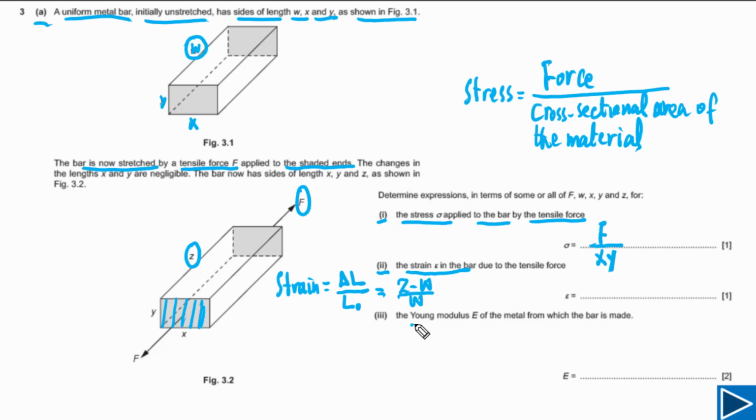For the next part, the question is asking us to calculate Young's modulus of the metal from which the bar is made. So we need to find the value of E. Simply we can say Young's modulus is capital E, and this is equal to stress over strain.